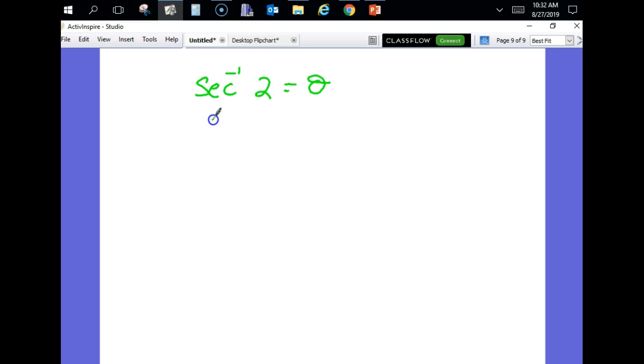And then I'm going to write, do we like secant? This is what's different, right? We've got to fix it. I'm going to change secant into what? Do I like 1 over cosine? Yes. I like cosine better, but I would sure like to have just cosine and not 1 over cosine.